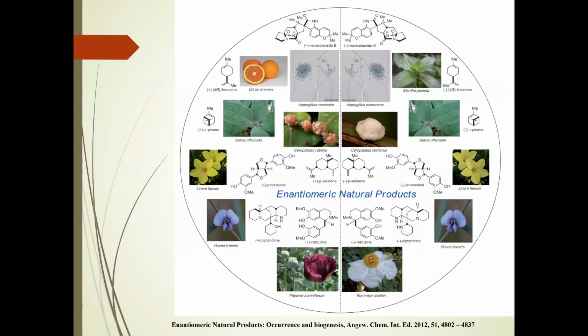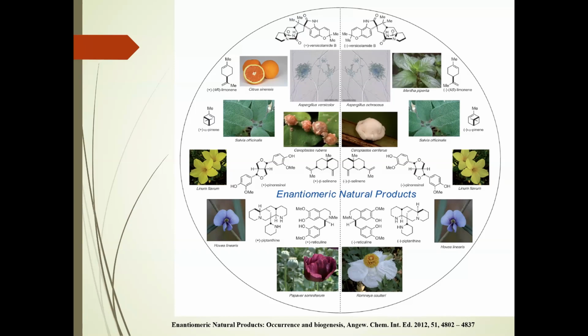Here's just a beautiful list of metabolites, just to see that on the top we have versicolamide B, an alkaloid produced by Aspergillus families. So you see different Aspergillus species produce different enantiomers. This is pretty interesting, that the same genus but different species makes different enantiomers.